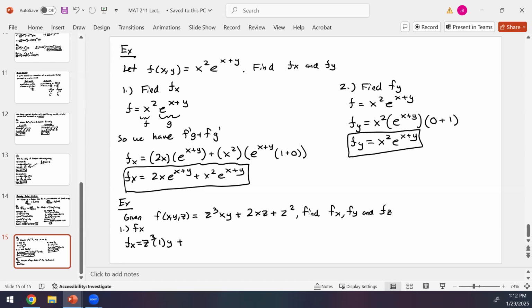And then plus, okay, this one has an x, so 2 is a number. X becomes 1, and then z is just z. And then the last one doesn't have an x, so that becomes 0. So we get z cubed y plus 2z. That's our partial derivative.